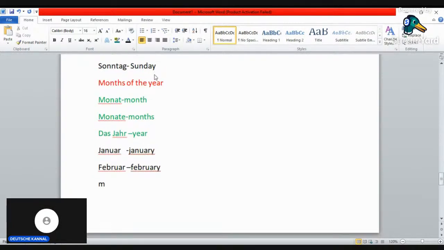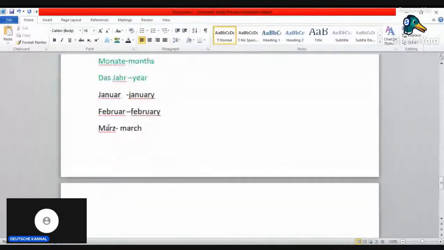Then März is March. There are two dots on top of the A, so that's why it's pronounced März.